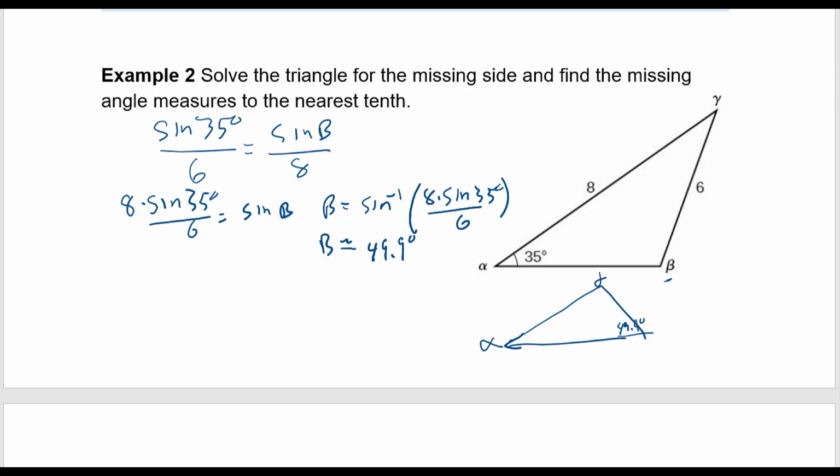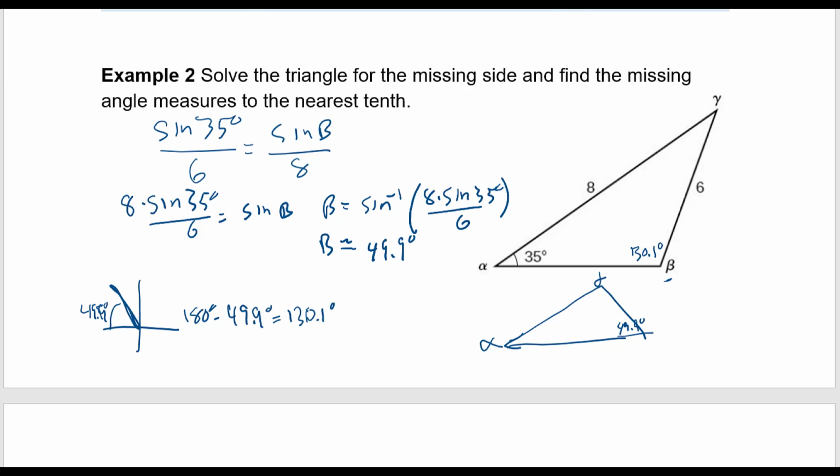So our beta could be the 49.9 degrees, as we just saw, which doesn't match with this picture. But it could be like I described. It could be something over here so that the reference angle is 49.9 degrees. So we would look at it and say, okay, 180 degrees minus 49.9 degrees is going to be 130.1 degrees.